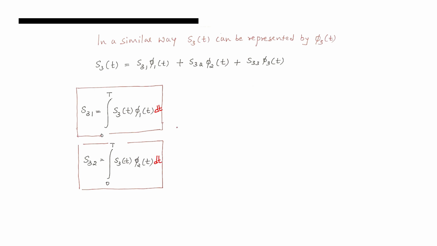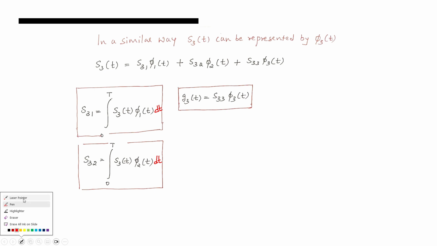In a similar way, we are going to define the intermediate signal G3 of t as S3 of t minus S31 phi 1 of t minus S32 phi 2 of t, because S31 is available from this equation, S32 is available from this equation, and phi 1 of t, phi 2 of t are obtained from the previous steps.